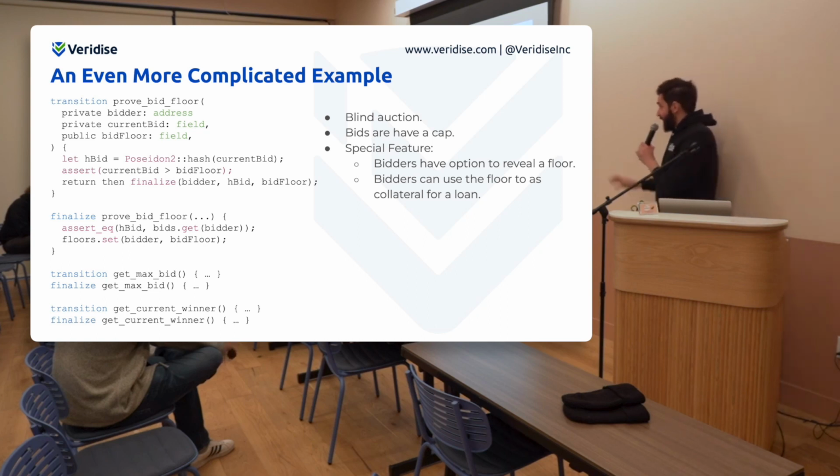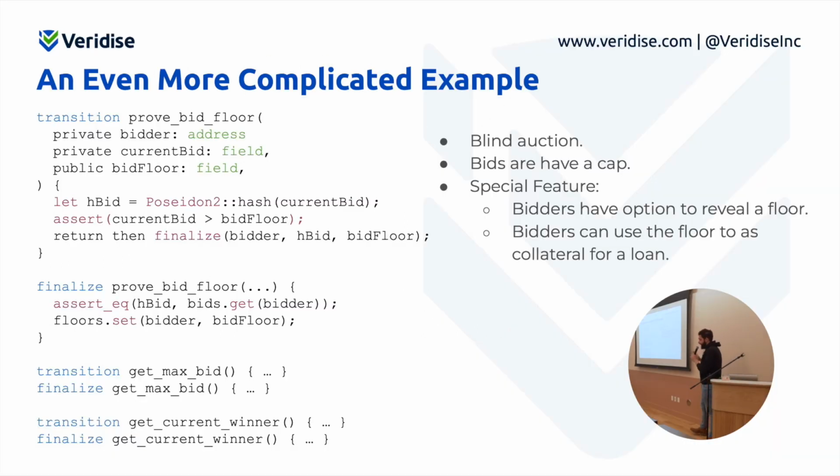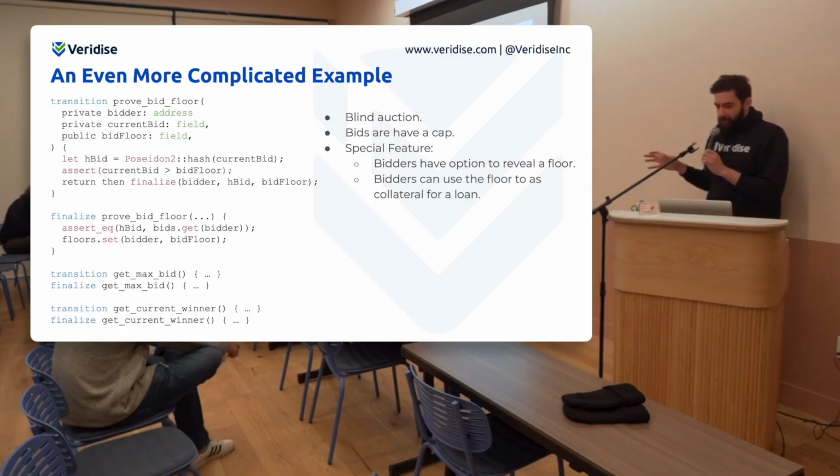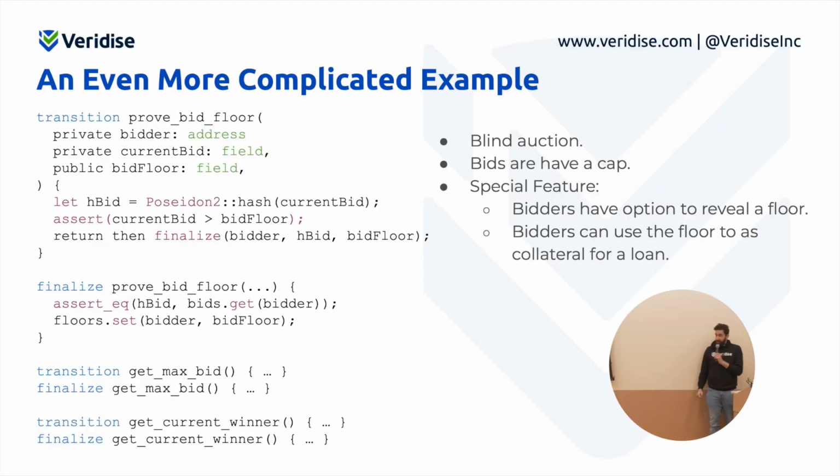Imagine we have an auction where bids are blind, so I don't reveal how much I bid for an item. Let's also assume there is a maximum bid value I'm allowed to bid, so the auction has a cap.